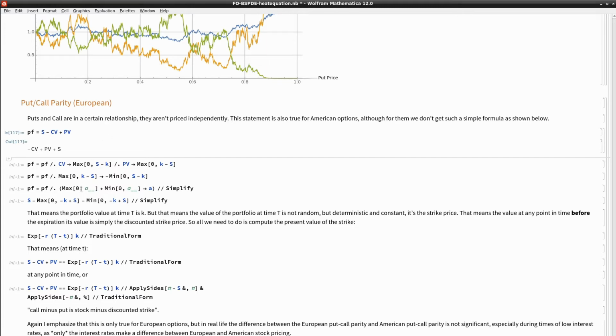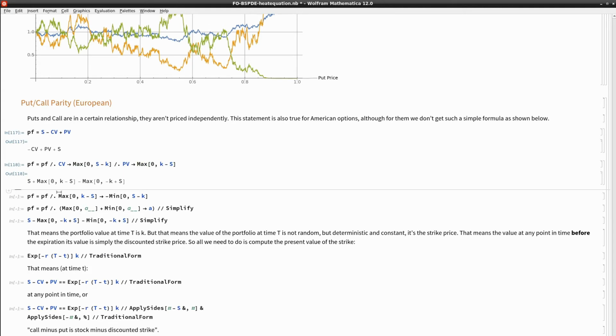And now we want to replace the call value at the terminal condition, at the expiration, which is now simply S minus K for the call and max of 0 and K minus S for the put. This is the equation at expiration, right? At the expiration, the call and put price are our terminal values.